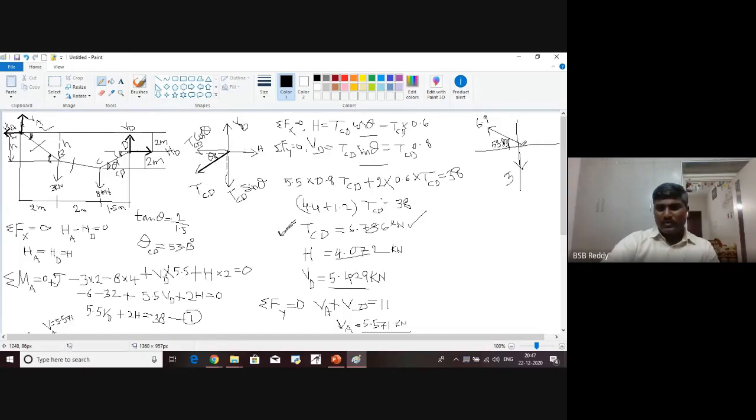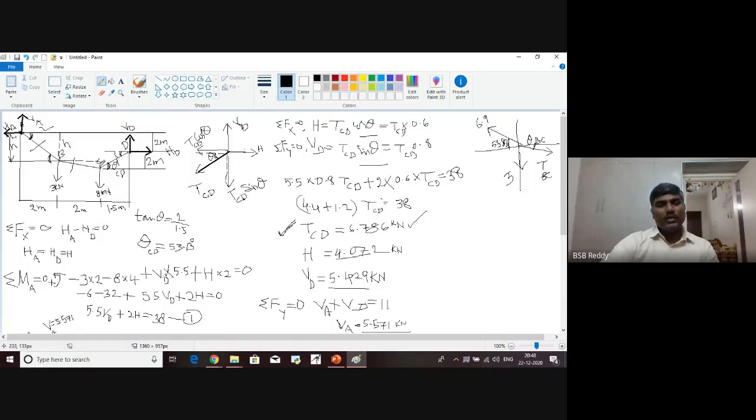Next, there is a cable here, which is called TBC. What about this angle, theta BC? It is an unknown value, because if you want theta BC, you should know the level difference between B and C. That is not given.